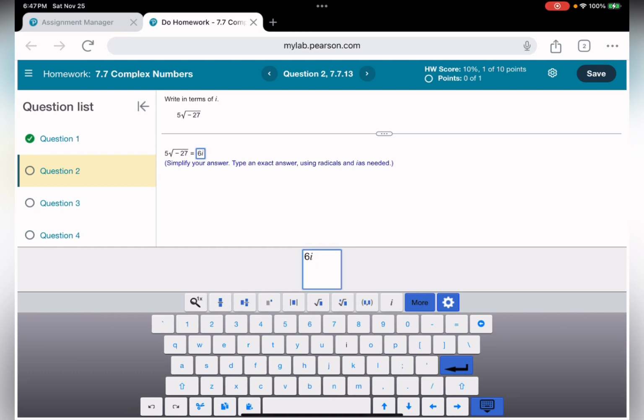So out of 9, 3 will come out, and we have also 5. 3 times 5 is 15. So 15i and square root of 3, because 27 was 9 times 3, right? That 3 will get stuck underneath, and square root of 9 is 3, which times 5, it's going to be 15.